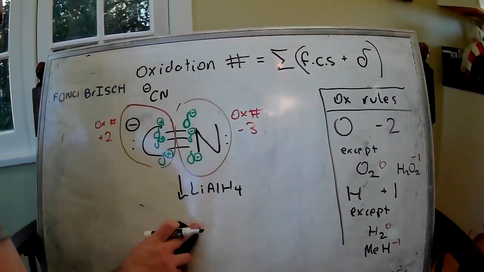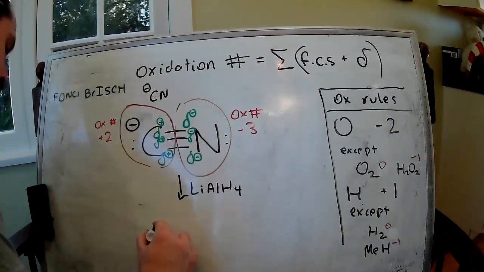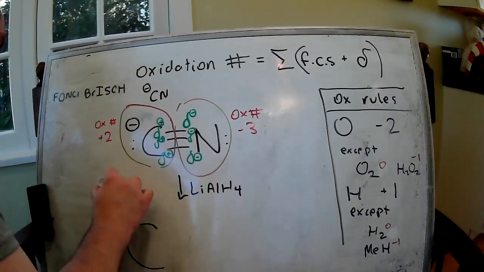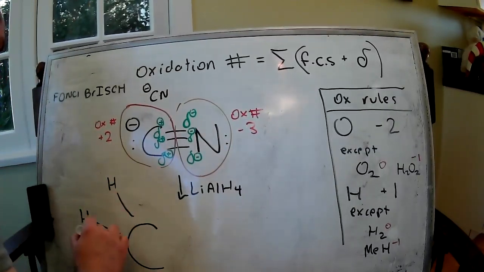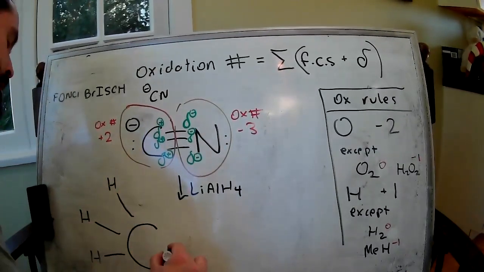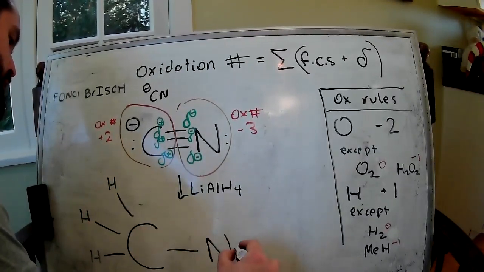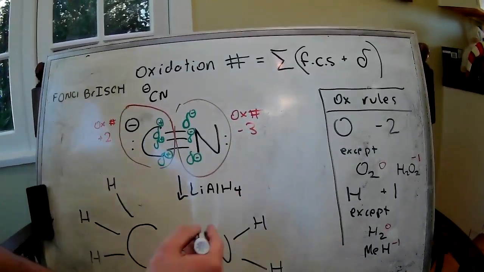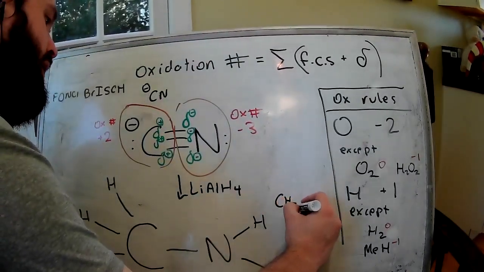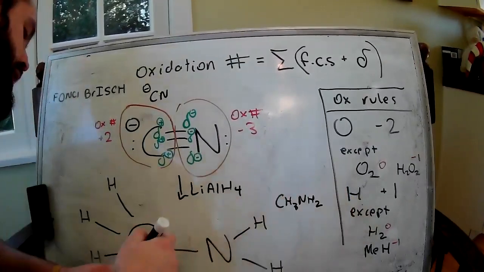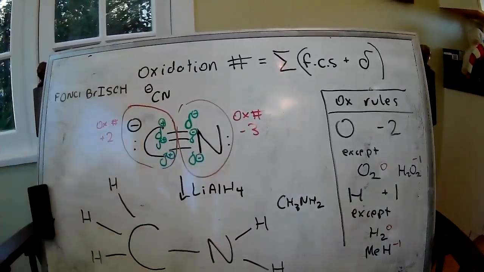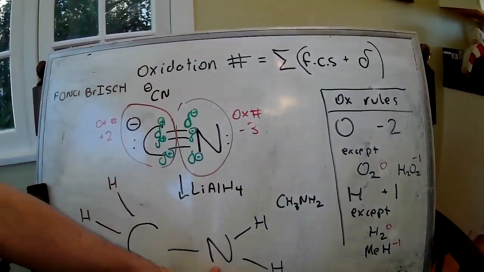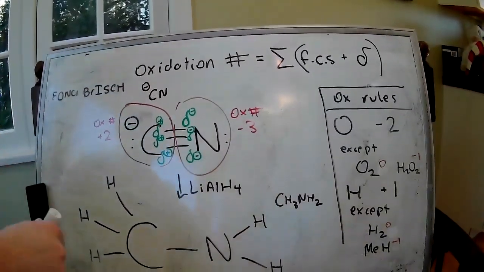Let's actually draw this big. All right, so here's our methylamine, aka CH3NH2, the simplest amine.